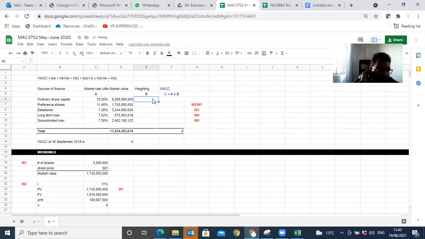Okay, so now I can work the weighting. The weighting is equity as a percentage of total sources of finance, as a percentage of our capital structure. So now I can just drag this down. Okay, and now we can work out WACC.